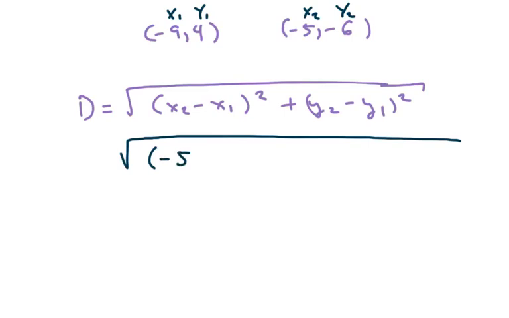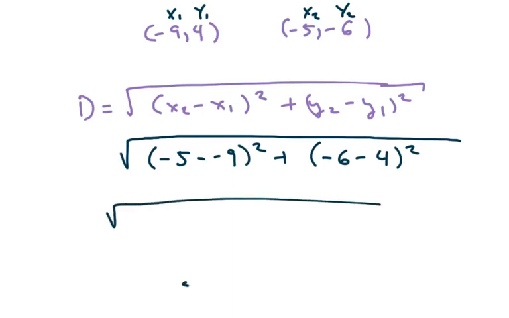So this is going to be negative 5 minus negative 9 squared plus negative 6 minus 4 squared, which ends up giving you, negative becomes a positive, right? So this is just going to become 4 squared plus negative 10 quantity squared.